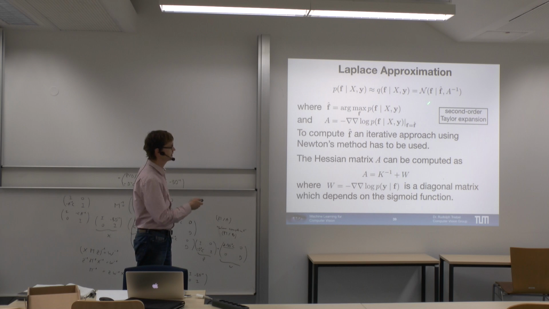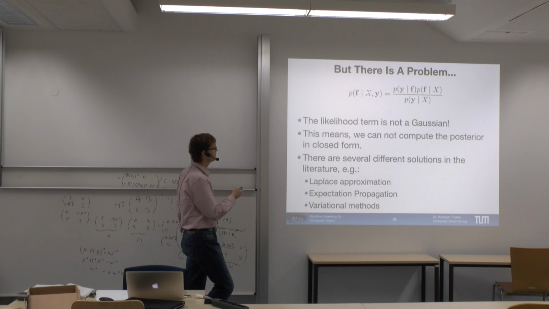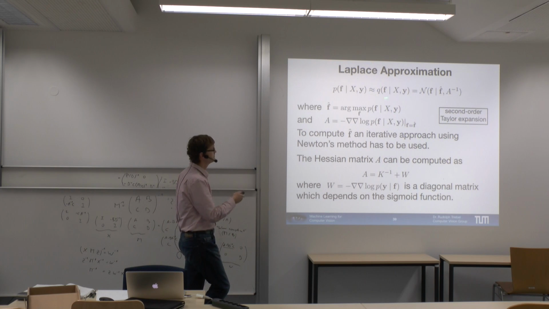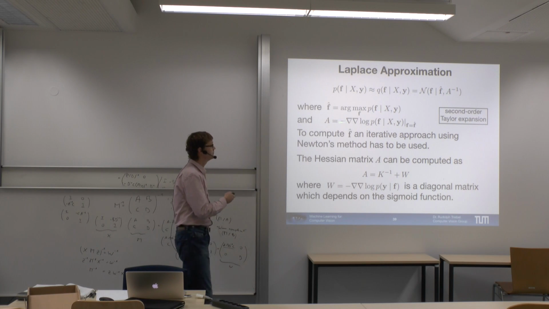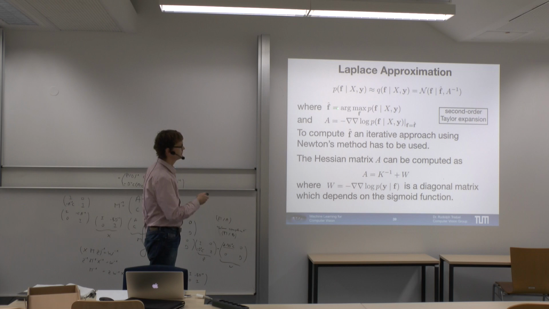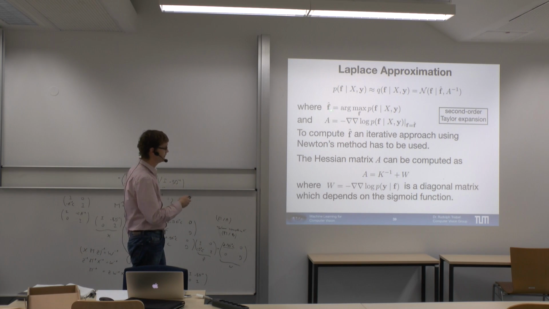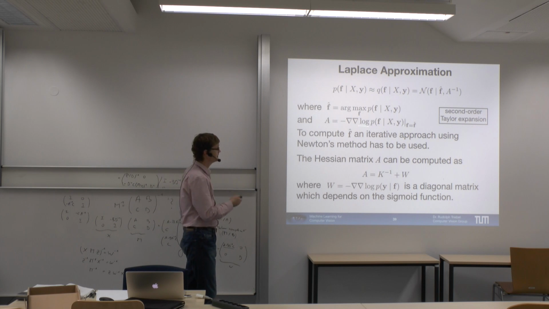It's all based on the second order Taylor expansion of this posterior here, right? So you approximate that with a Gaussian. Q is now a real Gaussian where you have a mu and a sigma again, and you compute this mu and sigma with a Newton step, a Newton method where you have a gradient and a Hessian matrix, right?